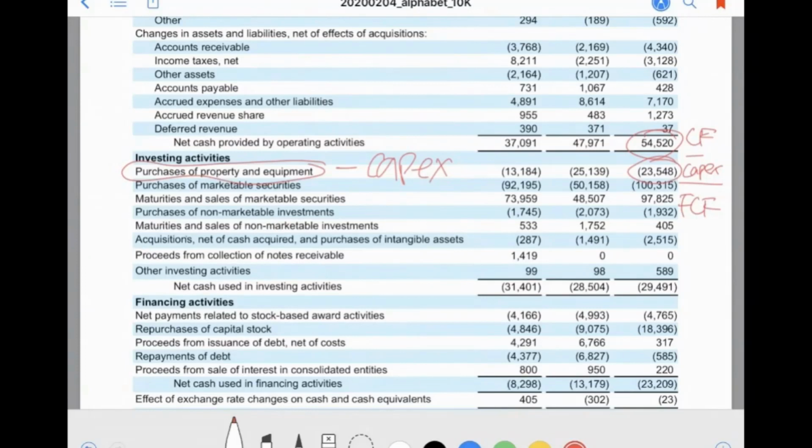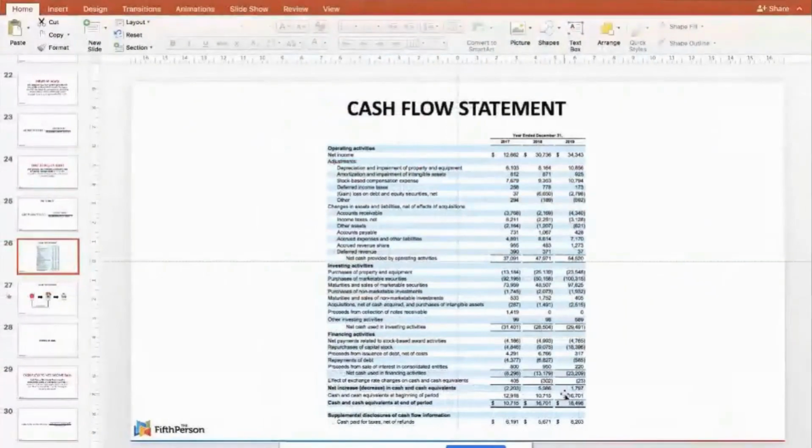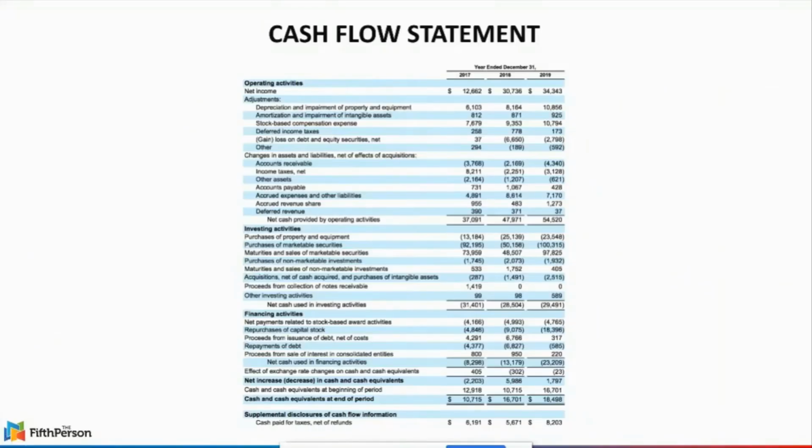Let me just switch back to the slides. Okay, so every time we look at the CapEx, there's a few things, which is your purchase of property, plant, equipment over here. When we talk about CapEx, there are a few terms that we talk about. One we call the development CapEx.